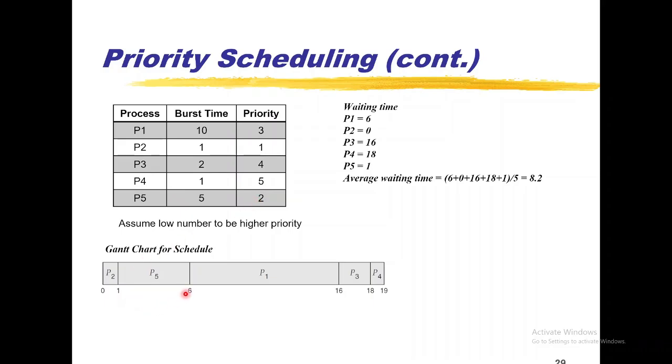It runs for its 5 milliseconds. Priority 3, which is P1, runs for 10 milliseconds before priority 4, which is P3, comes for 2 milliseconds, and then finally priority 5 comes to finish up with 1 millisecond. Even though it had a shorter time, it had the last priority because it's based on priority and not on burst time. So the waiting time in this situation gives us 6 plus 0 plus 16 plus 18 plus 1, then divided by 5 for the average wait.